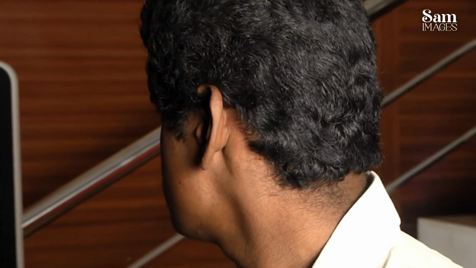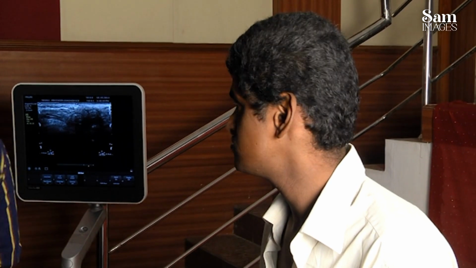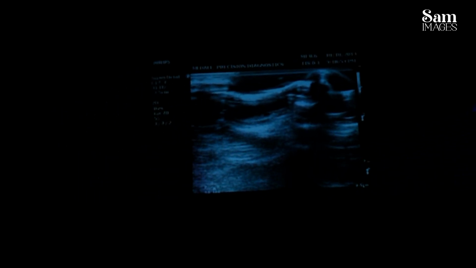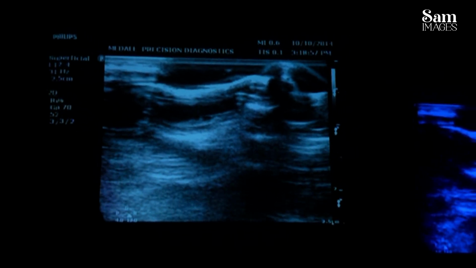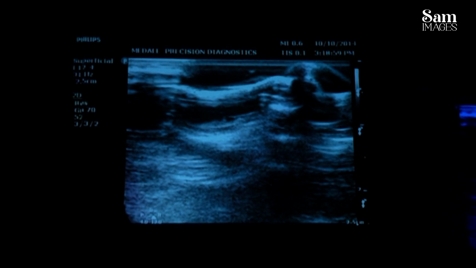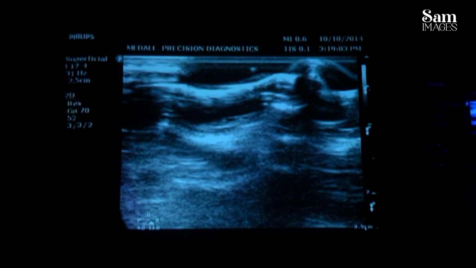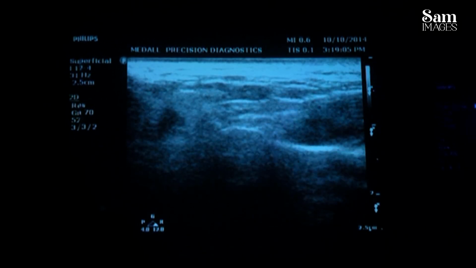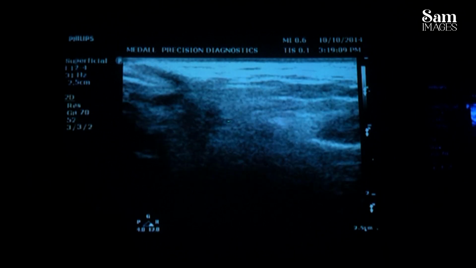To confirm that, what I will do is the same, the temporomandibular joint ultrasound. I am pushing the tragus towards the ear and then feeling that area. See, you can see that fossa, the deep fossa.